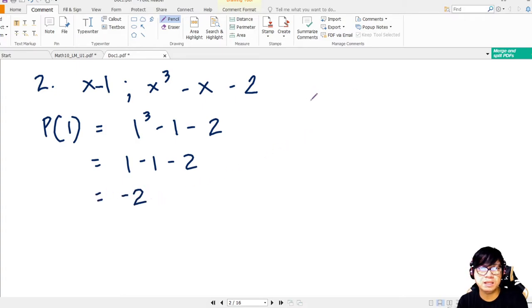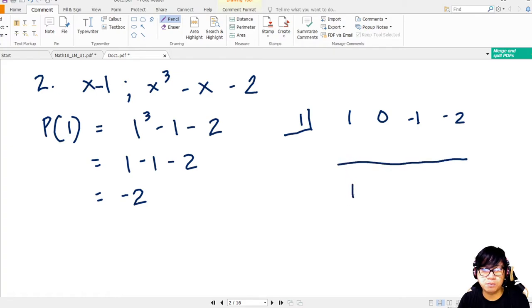You can use synthetic division, or the remainder theorem, or evaluating the polynomial. It depends on you, whichever is convenient. Let's use both so we can verify if our answer is correct. The coefficient is 1. The x squared term is missing, right? So we insert 0. Then negative 1, negative 2. Bring down 1.